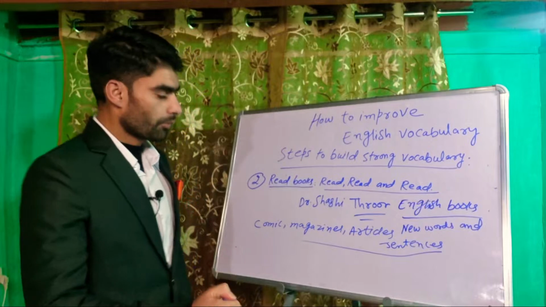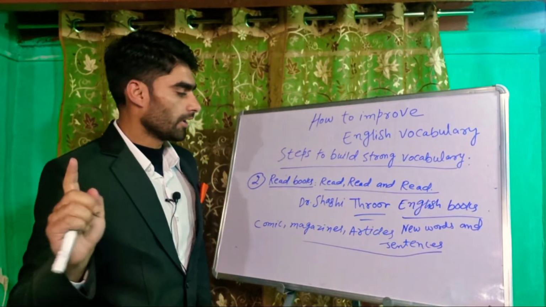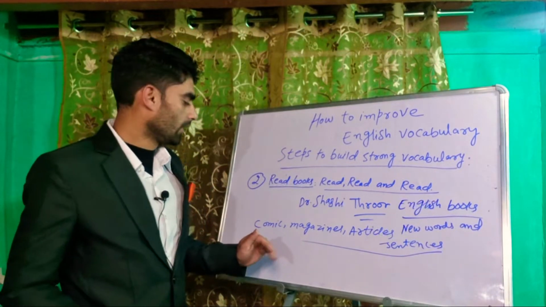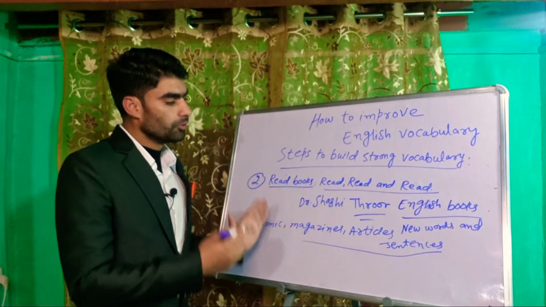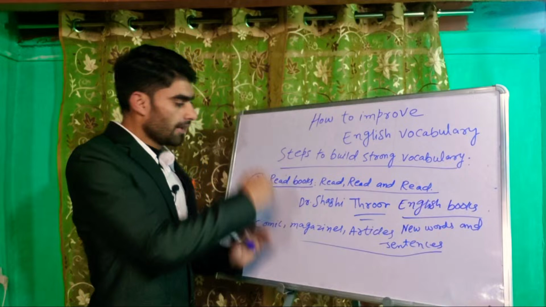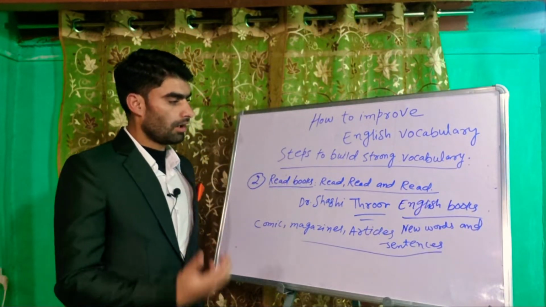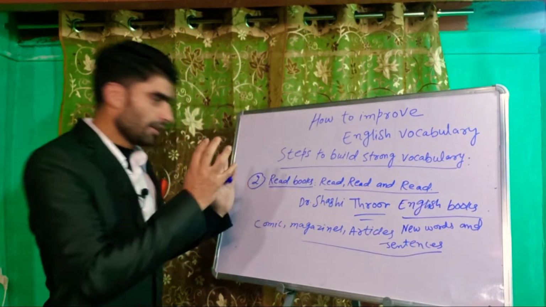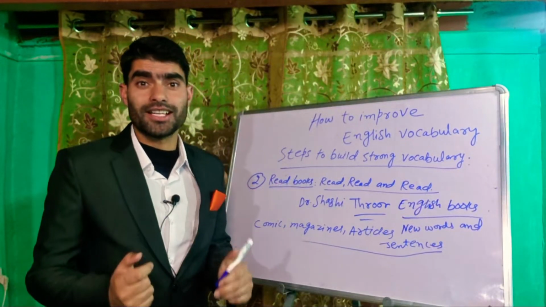Okay, so try to read books, the books which are written in English. Try to read comic books if you are interested in reading comic books or magazines or articles, and you will have new words and sentences, and you will learn how these sentences and words are used in the context, and those same words and sentences you will use then in your conversation.